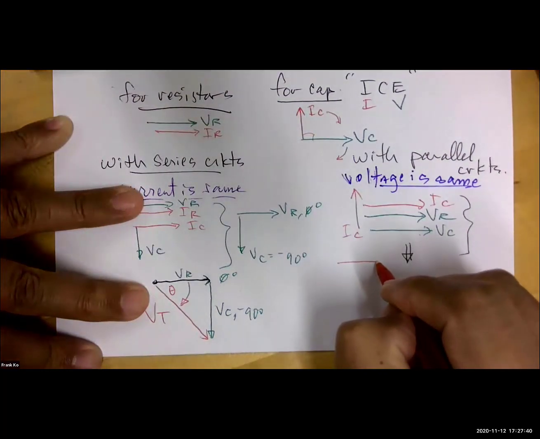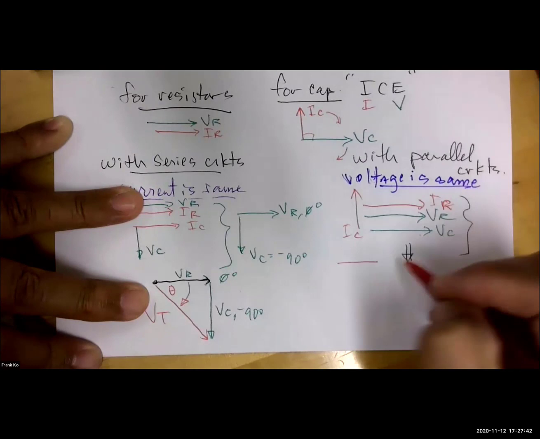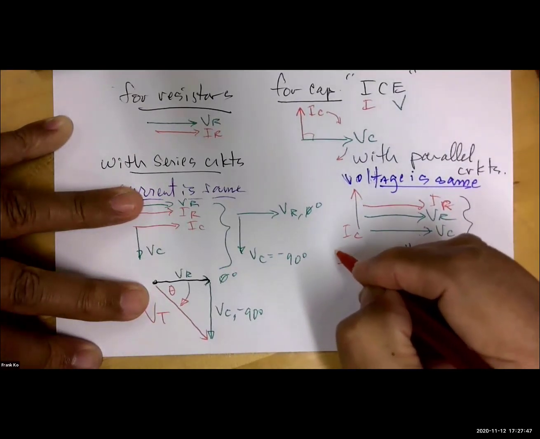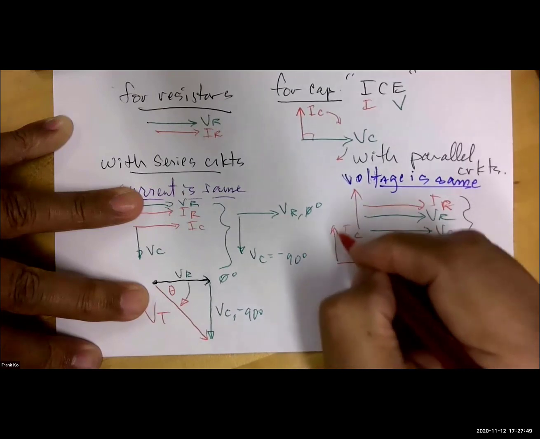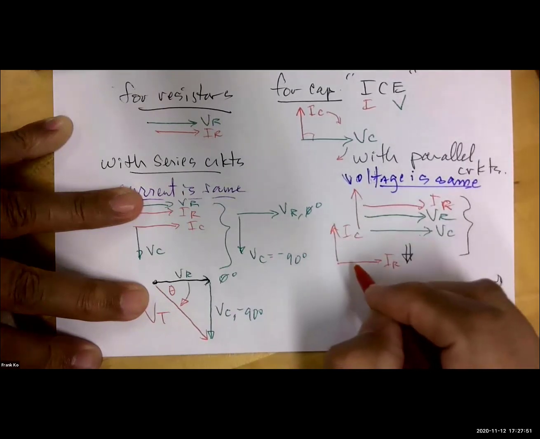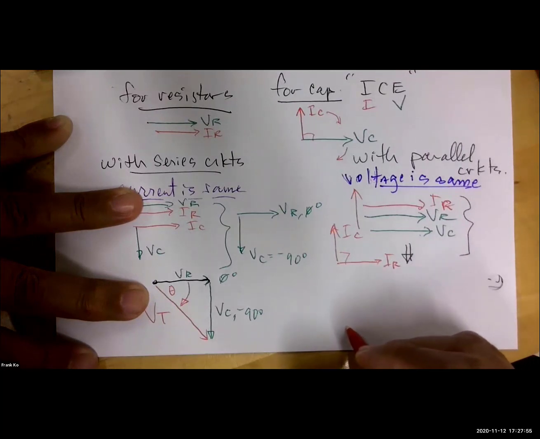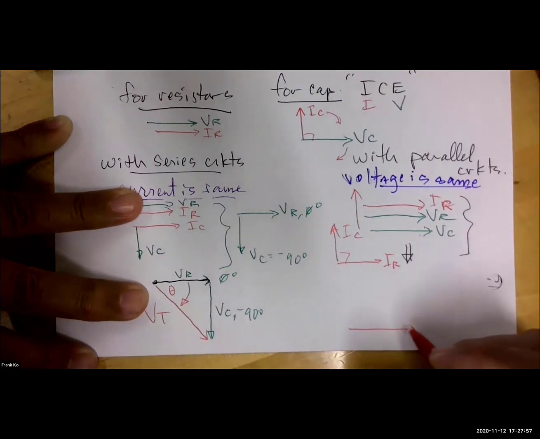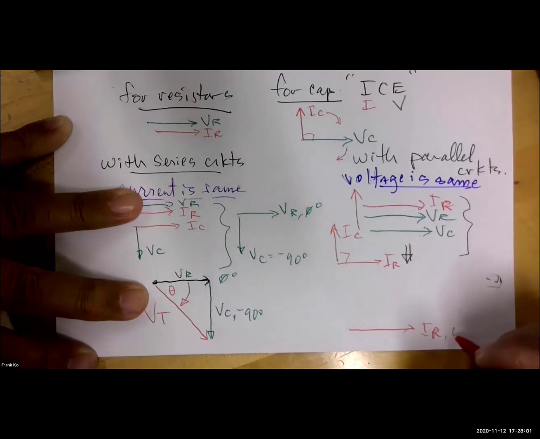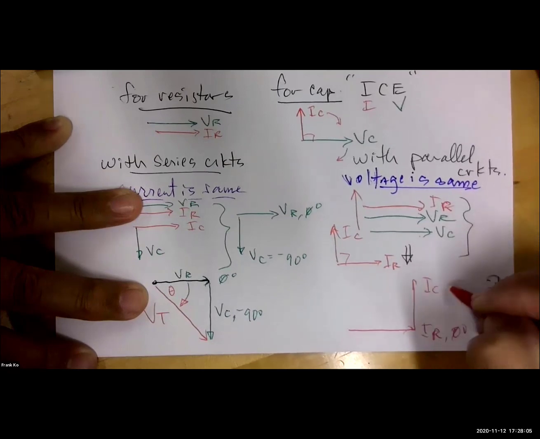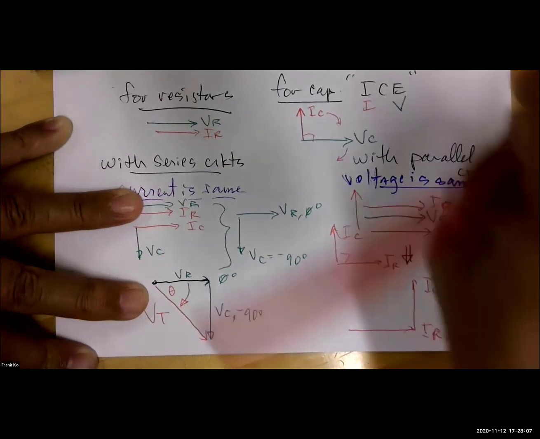IR is pointing that way, and IC is pointing this way. Or if I do it this way, here's my IR at 0 degrees, and right here is my IC at positive 90 degrees.